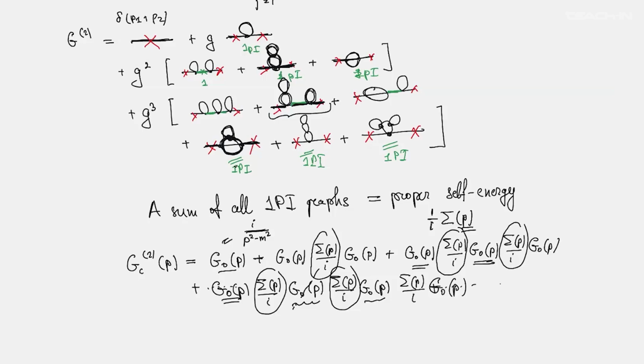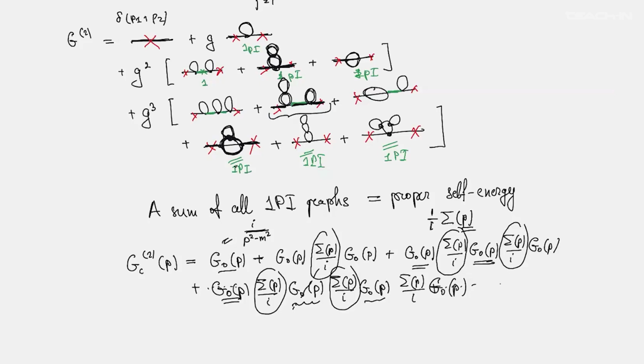And so the difference between all the connected graphs and one particle irreducible graphs are precisely those graphs which are not one particle irreducible, so those graphs which can be made disconnected by deleting just a single internal line. And now this procedure which I'm following here basically reconstructs all these diagrams which are not one particle irreducible by putting these free propagators in between a proper self-energy.